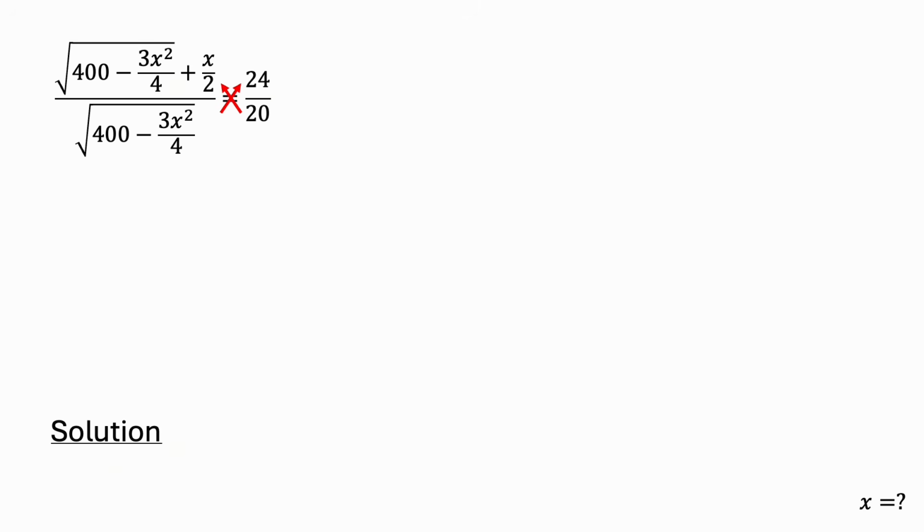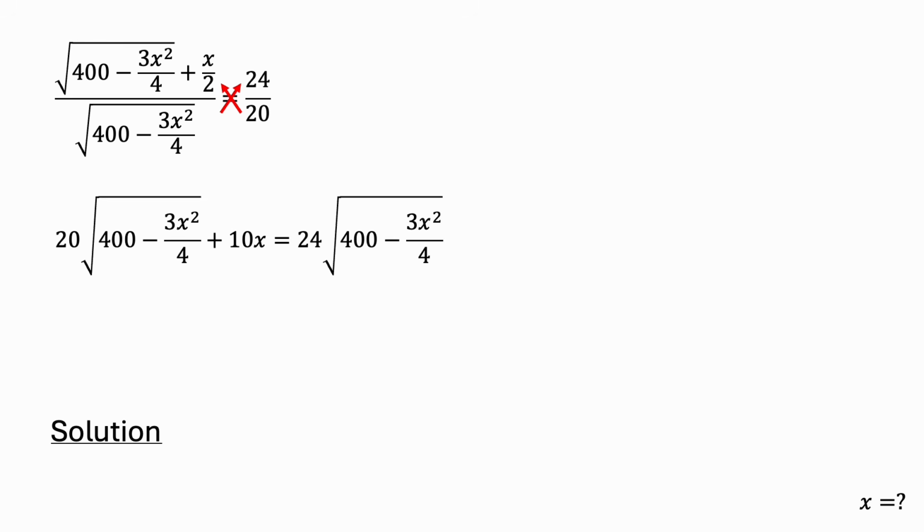Cross multiplying gives 20 square root of (400 minus 3x squared over 4) plus 10x equals 24 square root of (400 minus 3x squared over 4), which simplifies to 2 square root of (400 minus 3x squared over 4) equals 5x.